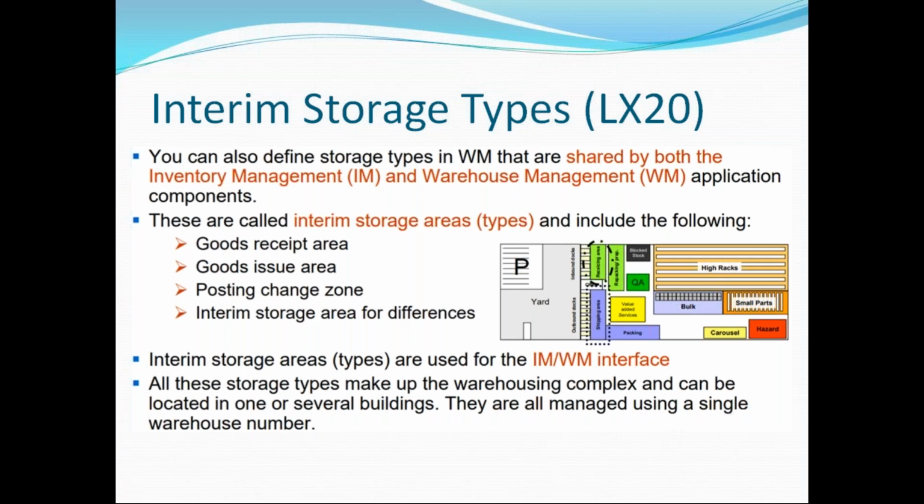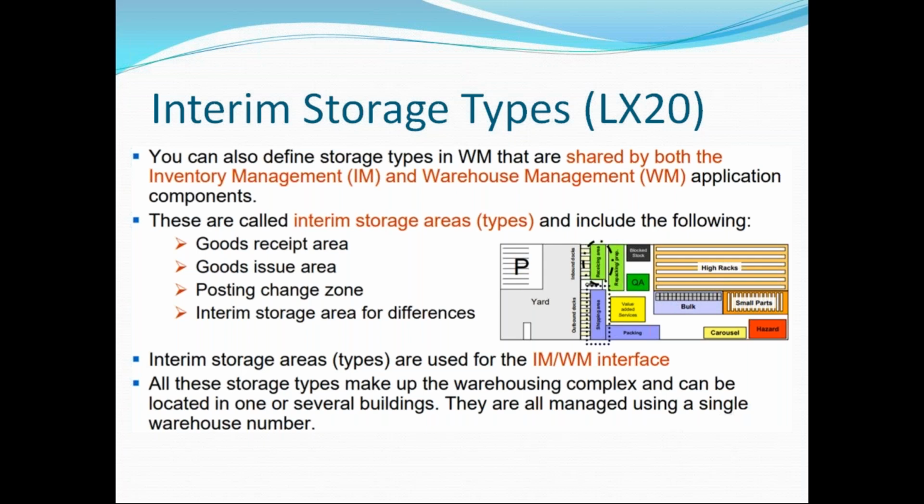Goods issue area. The goods issue area works in the reverse way of the goods receipt area. In the goods issue area, what basically happens is we pick the material from the bin, do the packing, and it comes onto the goods issue area for issuing the material.